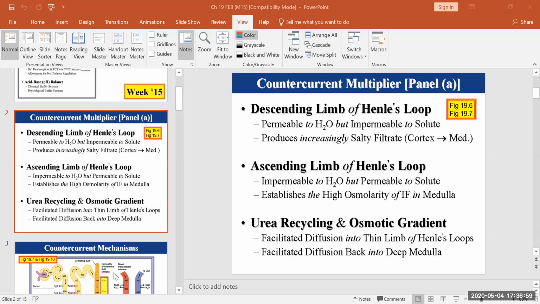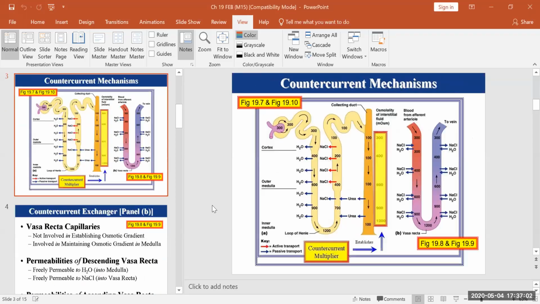So moving on to the picture. This picture here is the equivalent of figure 19.7, page 539, and figure 19.10 on page 541 in the Stanfield textbook.